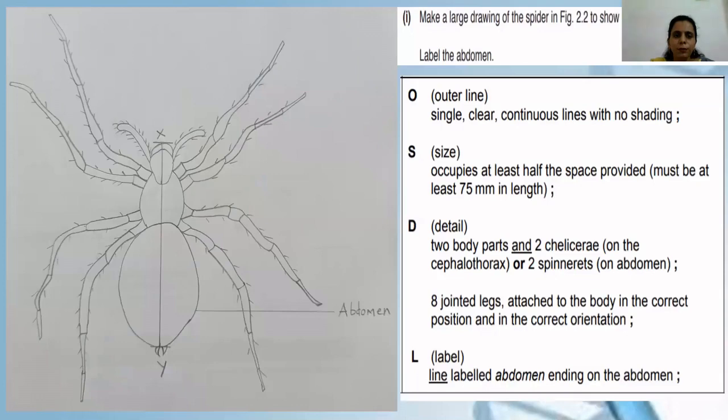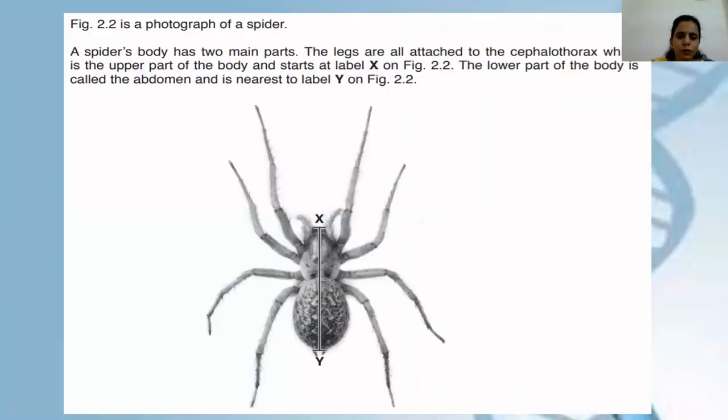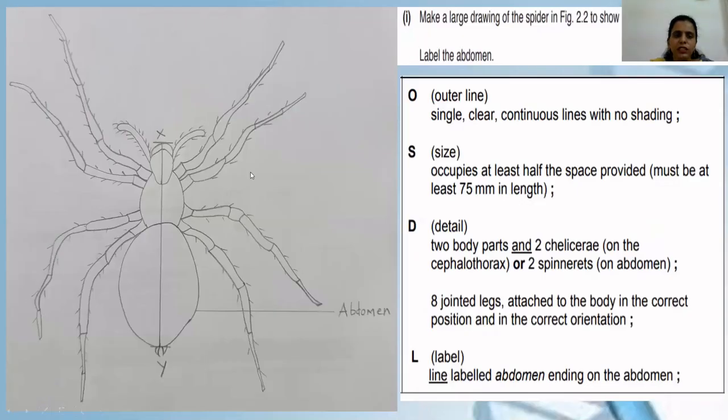Now if you look into the previous slides, I have already shown you the original picture of the spider, and this x to y line is around 39 millimeter. But when the student has drawn the diagram here, the x to y line is around 80 or 81 millimeter.